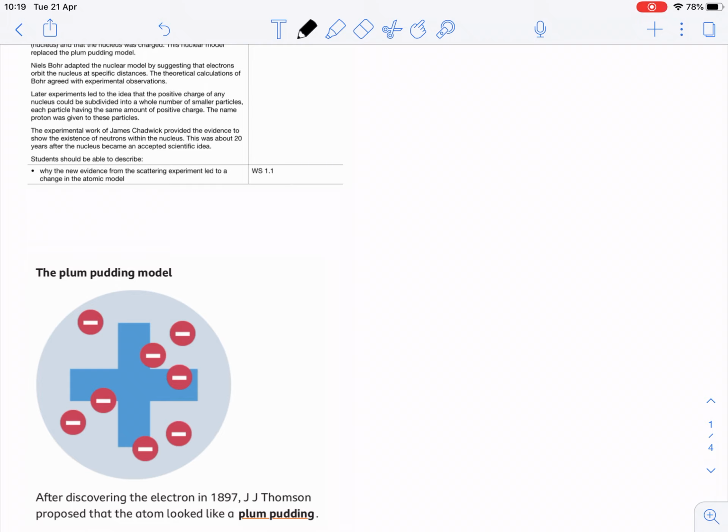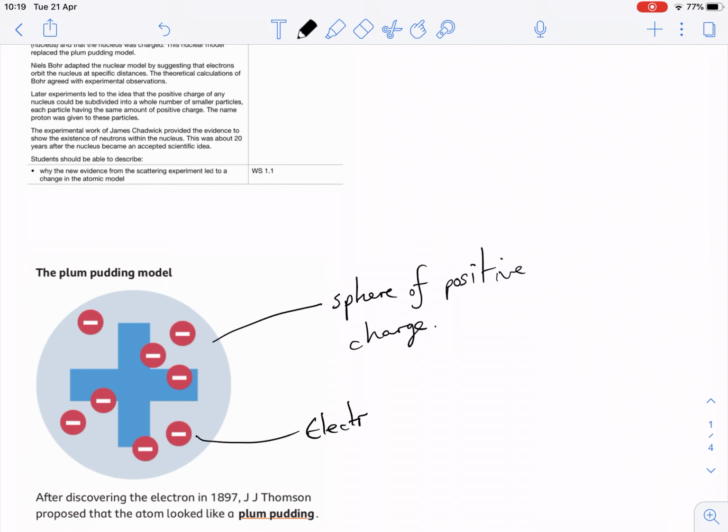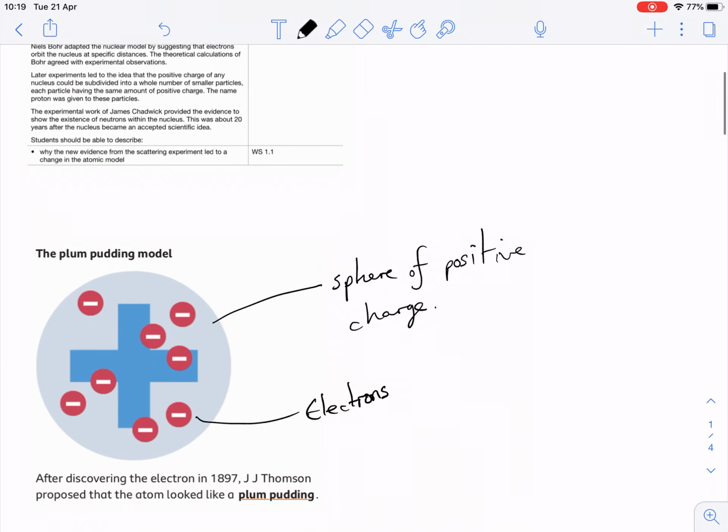So really simply, what we had was a ball or a sphere of positive charge, and inside that, dotted around, were our electrons, like plums in a pudding. And that was the initial model of the atom.